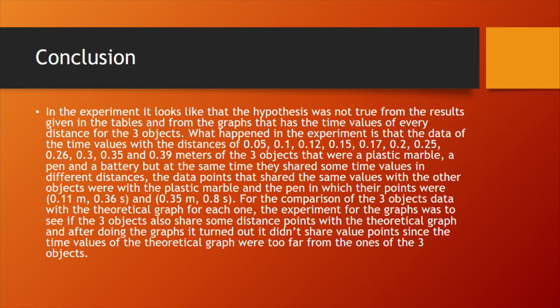For the comparison of the three objects' data with the theoretical graph for each one, the experiment for the graphs was to see if the three objects also shared some distance points with the theoretical graph. And after doing the graphs, it turned out it didn't share value points, since the time values of the theoretical graph were too far from the ones of the three objects.